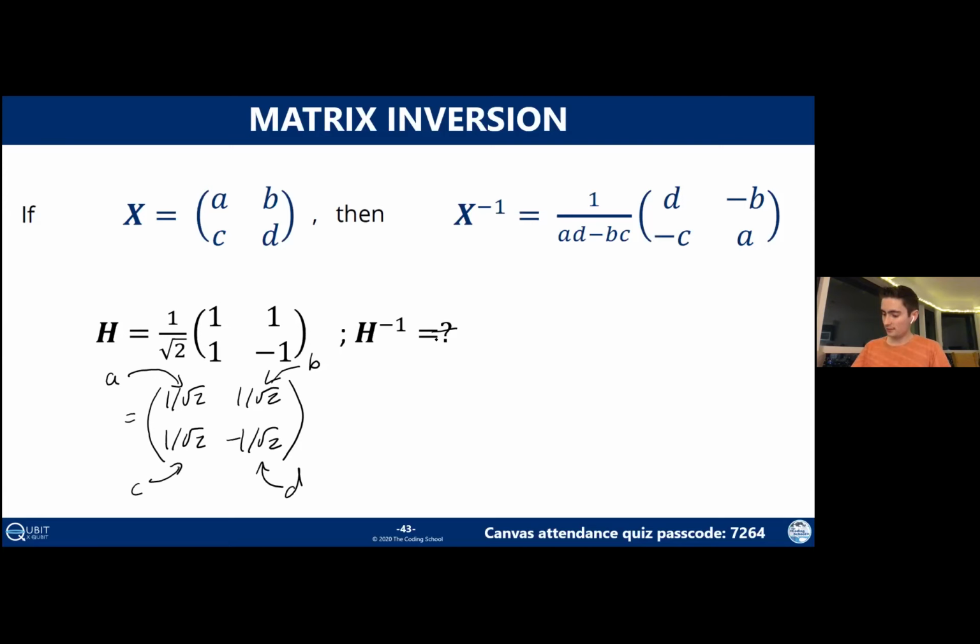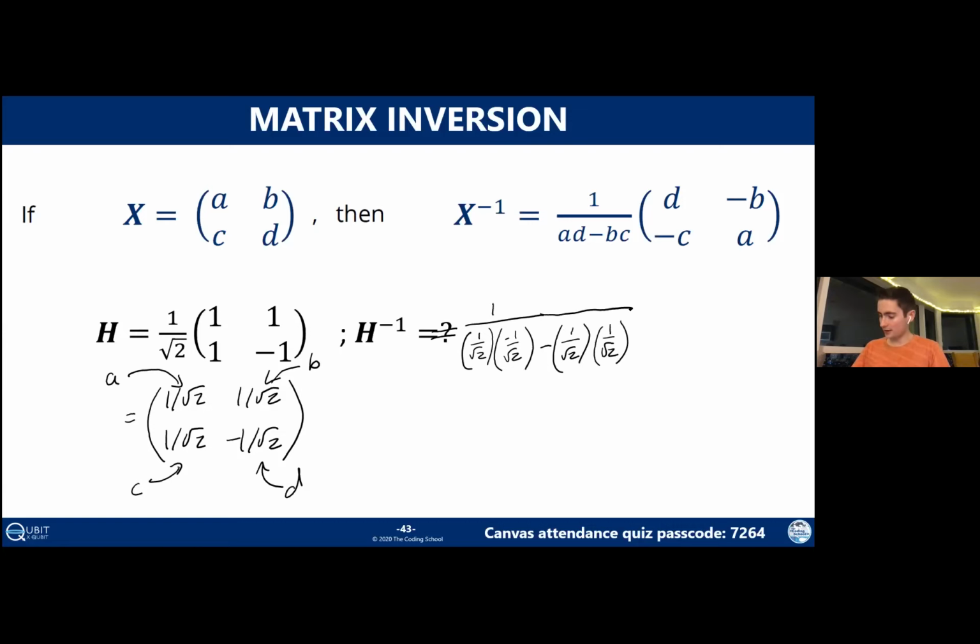We're going to go ahead and write 1 over AD minus BC. So that is going to be A is 1 over root 2, D is minus 1 over root 2, minus B is 1 over root 2, oops, sorry, 1 over root 2, and C is 1 over root 2.